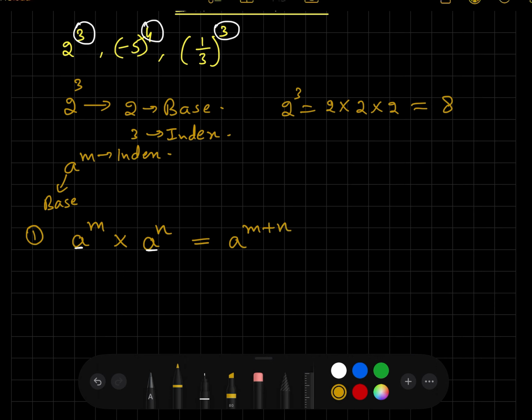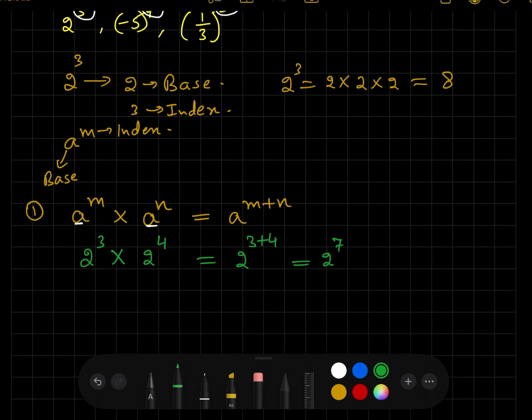Let us see by taking some examples. If I write 2 raised to 3 times 2 raised to 4, our answer should be 2 raised to 3 plus 4, so I can say 2 raised to 7. Or if it is a negative number, negative 2 raised to 3 times negative 2 raised to 4, it is the same thing: negative 2 raised to 3 plus 4, which is negative 2 raised to 7.